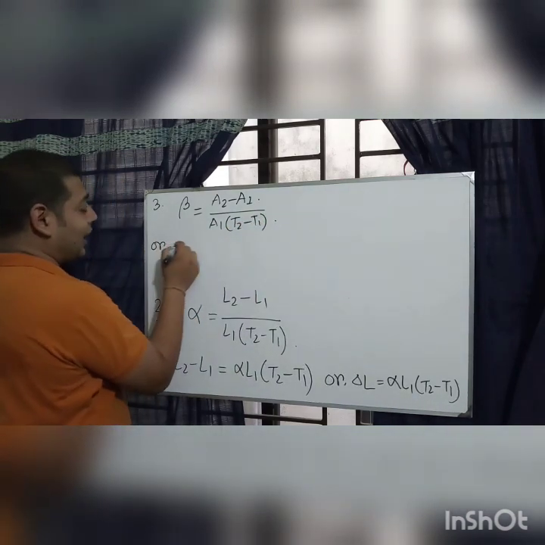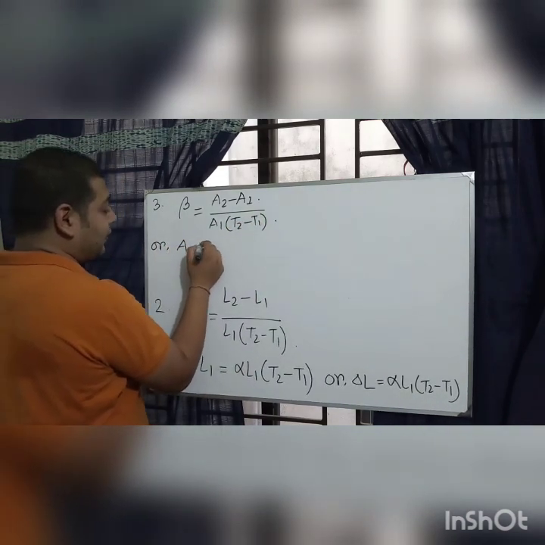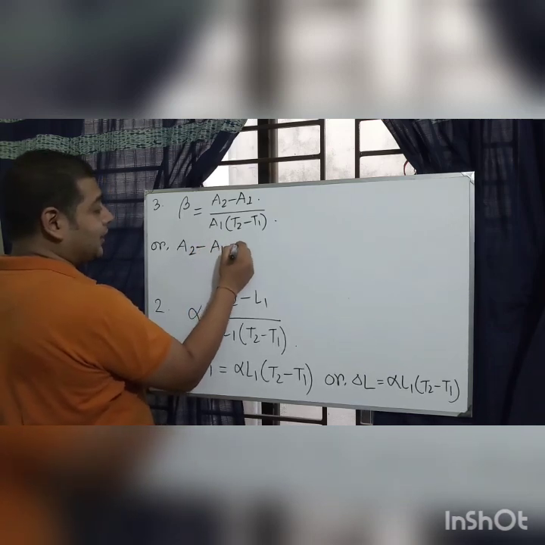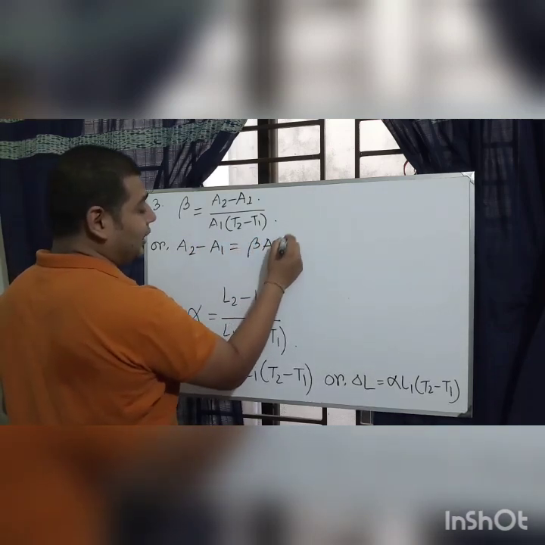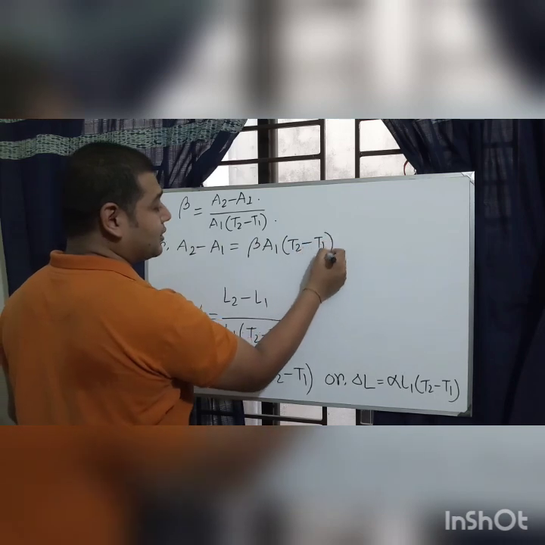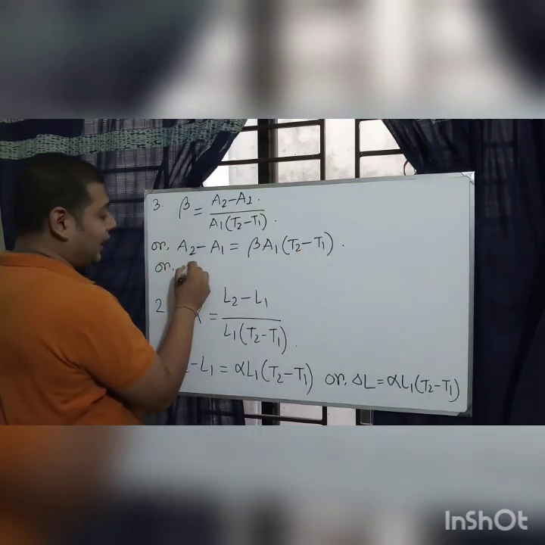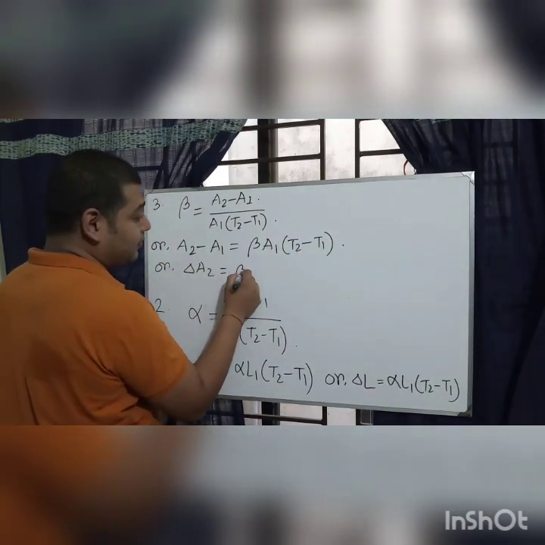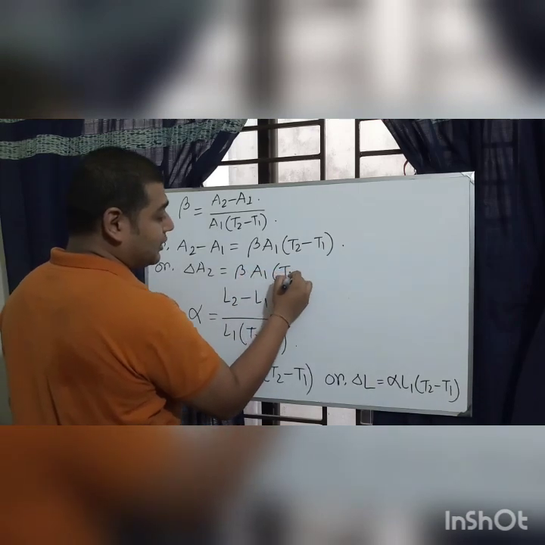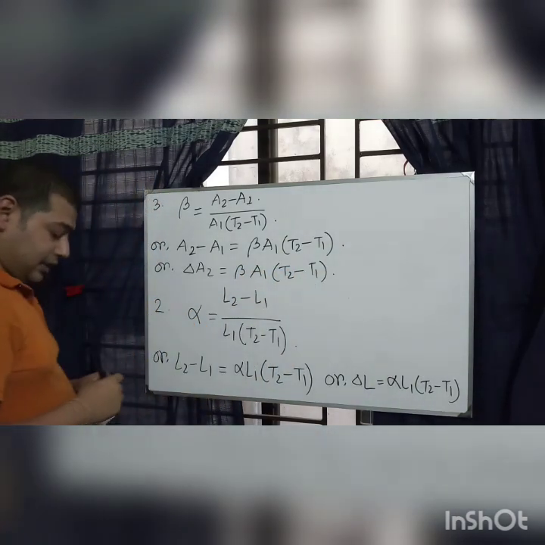Again, we can write this formula as A2 minus A1 equals beta A1 (T2 minus T1), or we can write del A equals beta A1 (T2 minus T1).